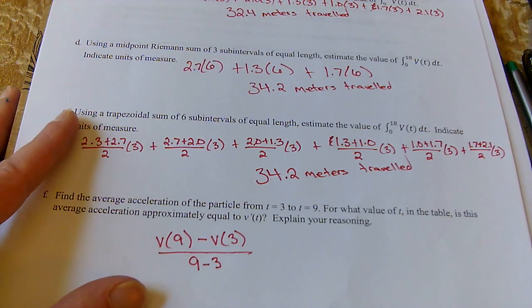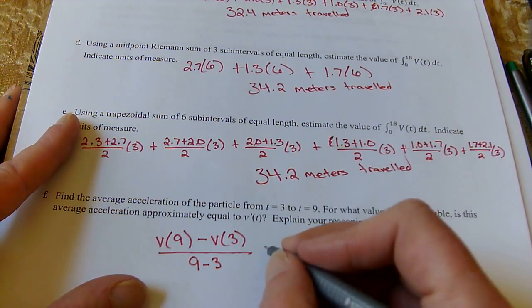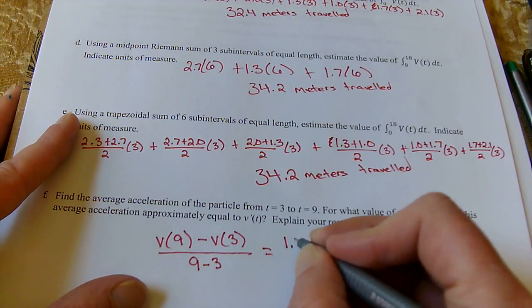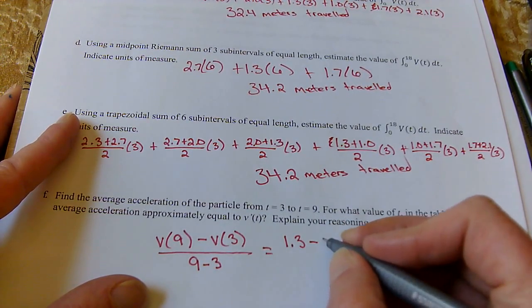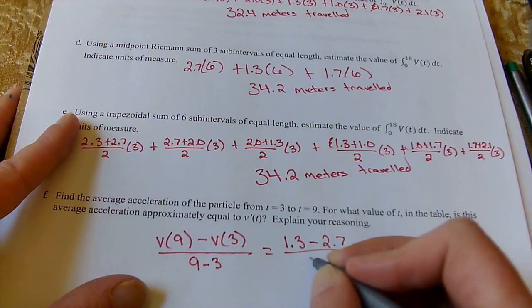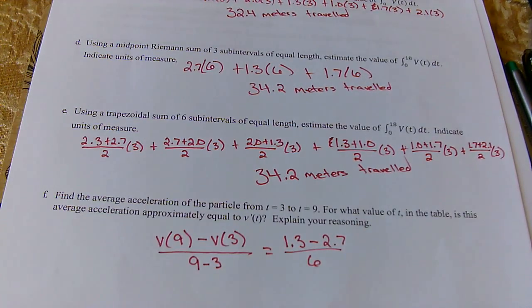Change in velocity over change in time. We can do that. The velocity at 9 was 1.3. Velocity at 3 is 2.7, divided by the change in time, which is 6.